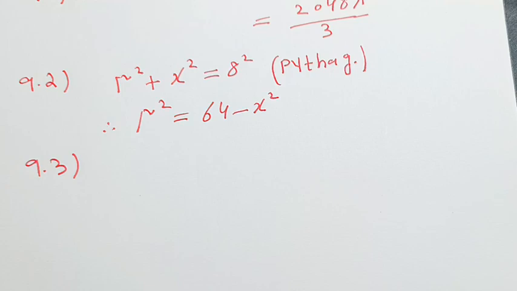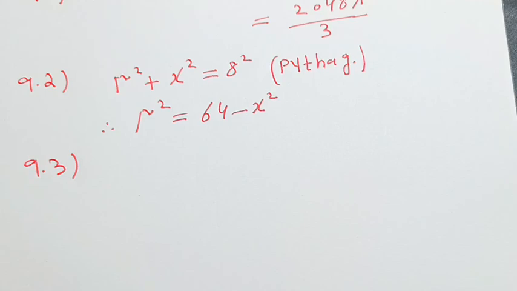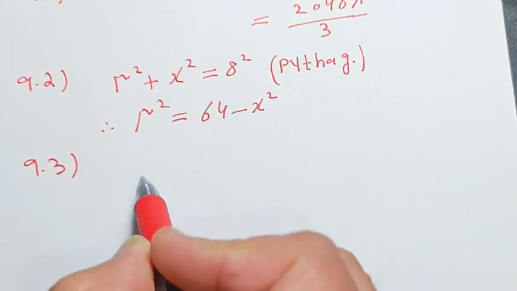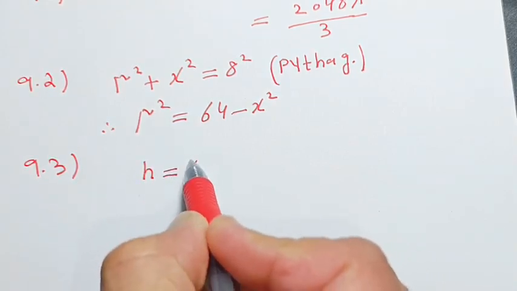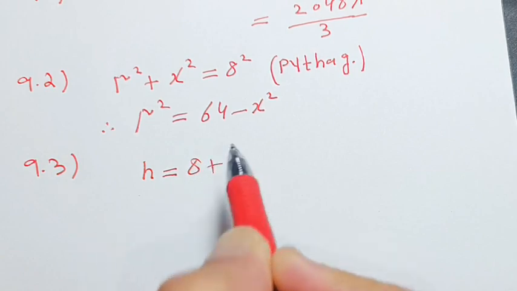Because we have the radius 8 and OB is x, the height of the cone h is OA plus OB, which means h is equal to 8 plus x.